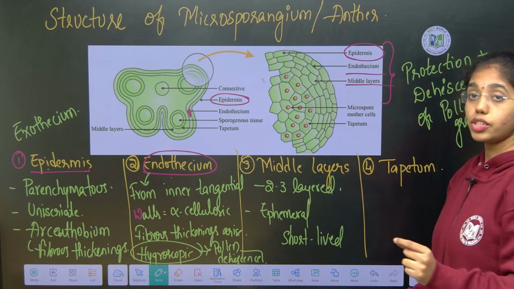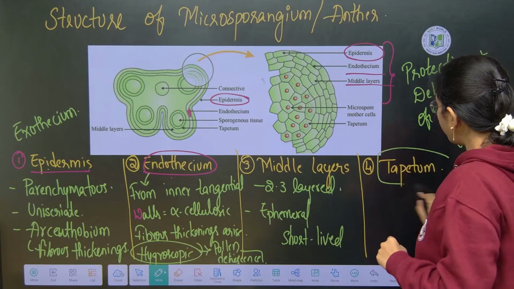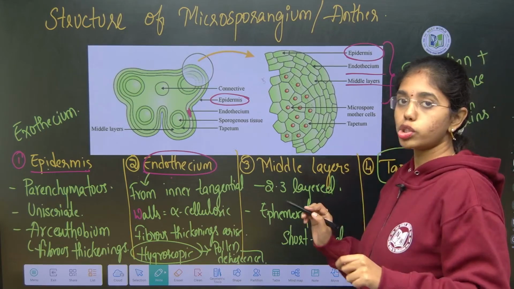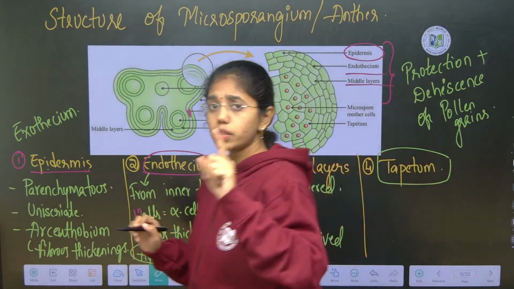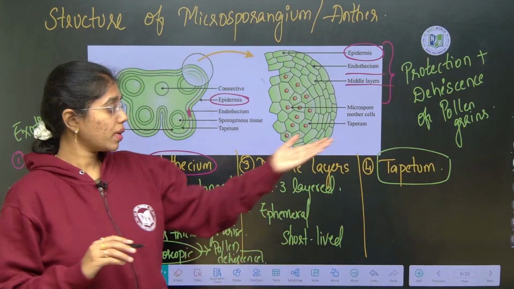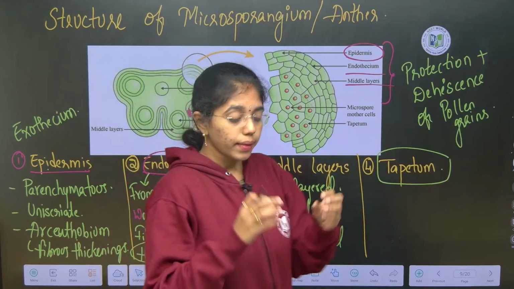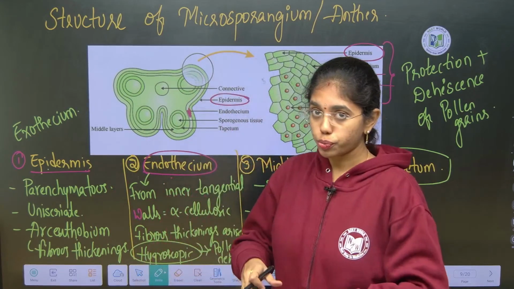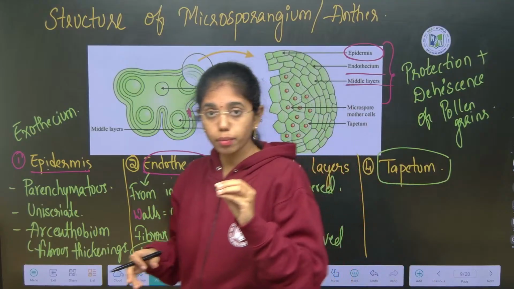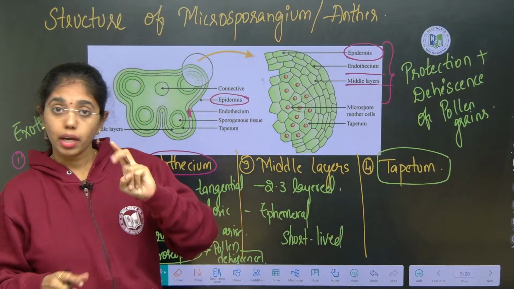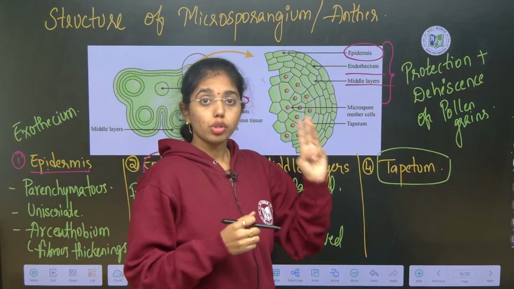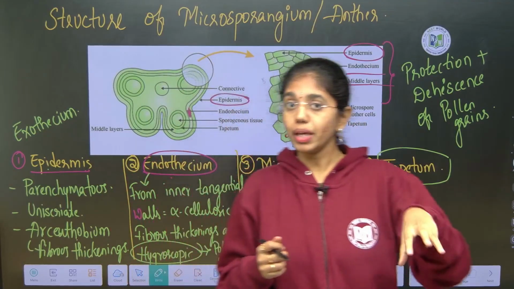Clear, right? Next is what? Tapetum. This is the innermost wall layer. Here we will discuss the ploidy, because many times you will get a question on the ploidy of tapetum. An angiosperm has a sporophytic plant body, so it is diploid. The flower is also diploid, so the male reproductive structure will also be diploid.